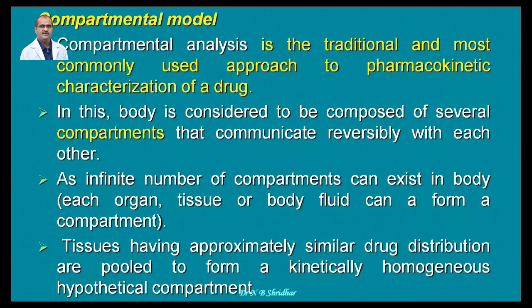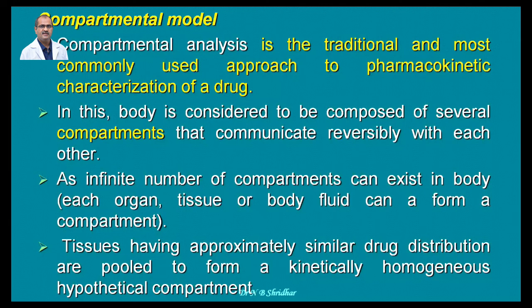These compartments communicate reversibly with each other, meaning the body is imaginarily made into compartments. A compartment means it has walls and windows, etc. Imaginarily, it is considered as several compartments. An infinite number of compartments can exist in the body, as each organ, tissue or body fluid can form a compartment. Suppose the kidney is a compartment and the liver is a compartment.